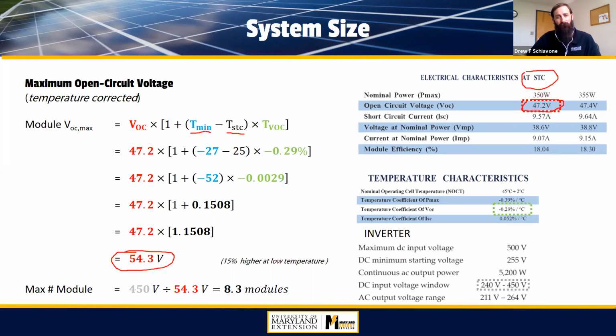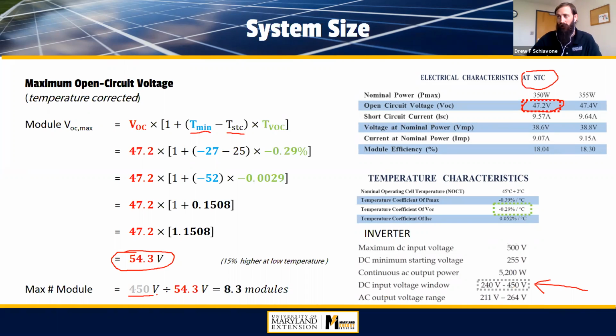So how many inverters would that work with? Or how many modules would that work with? I'm sharing an example here. If you look at the details for the inverter that I selected, it works in a range of 240 volts up to 450 volts. So we have to make sure we're within that range for the inverter to work nicely with this system that we're setting up.